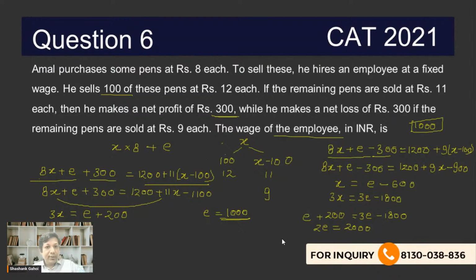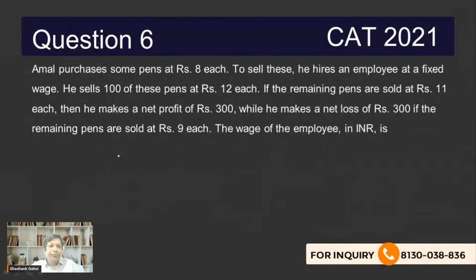I can try, right? The cost of each pen is 8. The pens are divided into 100 pens and x minus 100 pens. On the 100 pens, I am selling at 12 rupees each, so I am already making a profit of 400.